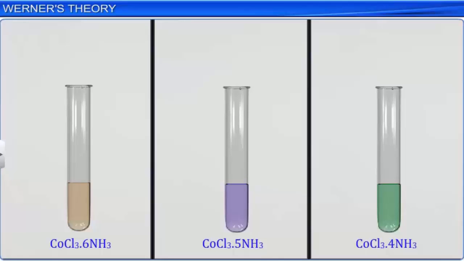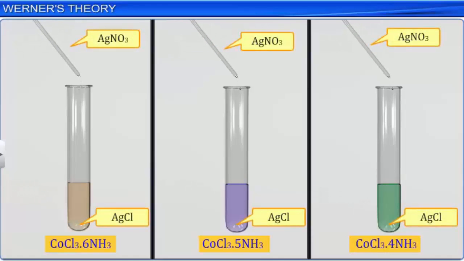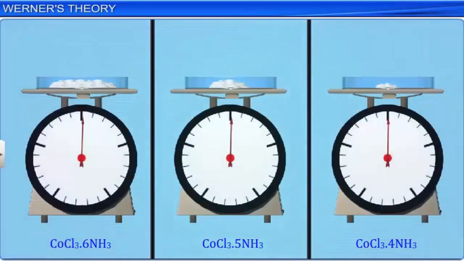Werner treated cold solutions of a series of compounds of cobalt(III) chloride with ammonia with an excess of silver nitrate and weighed the silver chloride precipitated. The stoichiometries of the silver chloride formed were as shown here.